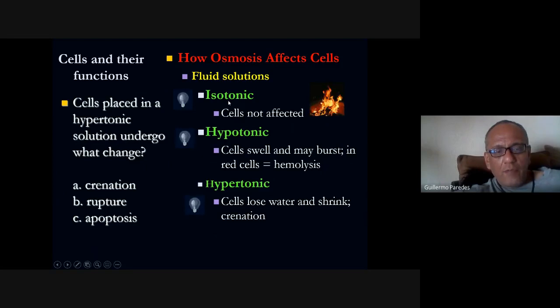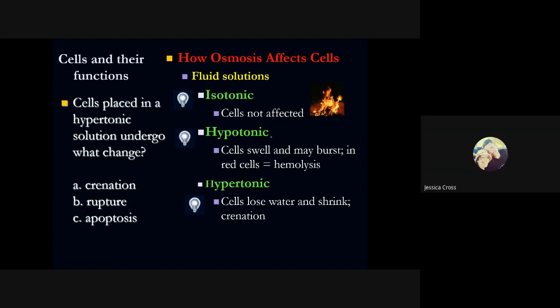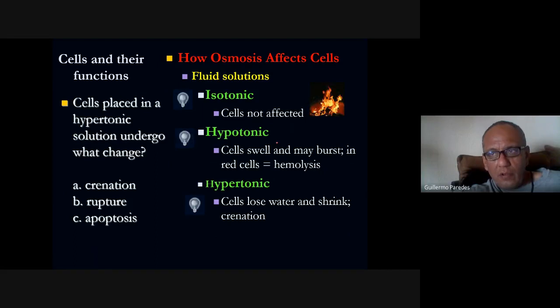As explained before, with isotonic, the cells are not affected. That means there is no water in, no water out. You okay with that? Hypotonic: remember, you have the cell here. This is hypotonic.